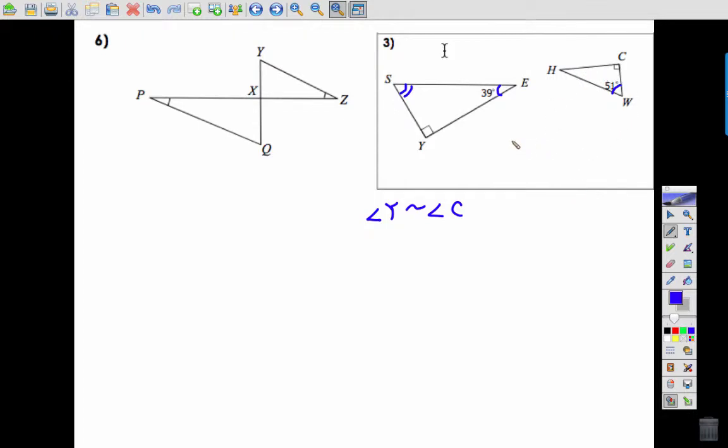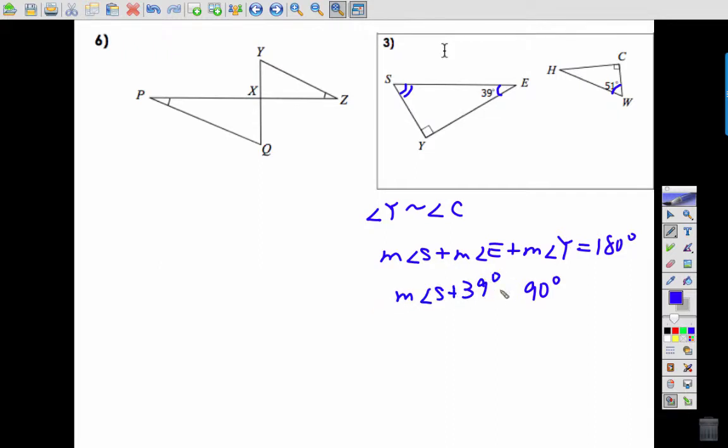The measure of angle S plus the measure of angle E plus the measure of angle Y equals 180 degrees. Because Y is 90 degrees and E is 39 degrees, I can now easily solve for angle S. With some algebra and arithmetic, you will find out that angle S is 51 degrees.